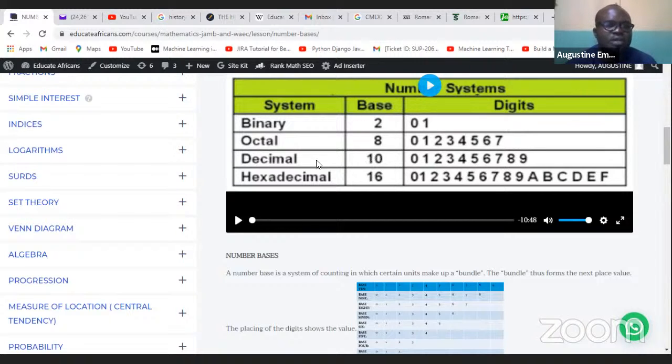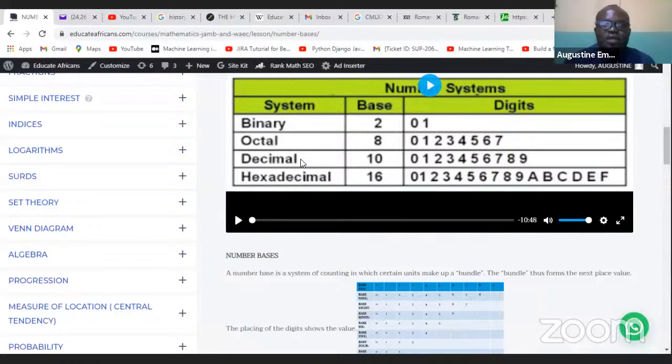Another way, you can also call it decimal. That is the way you count every day. Those are the numbers that are in base 10.